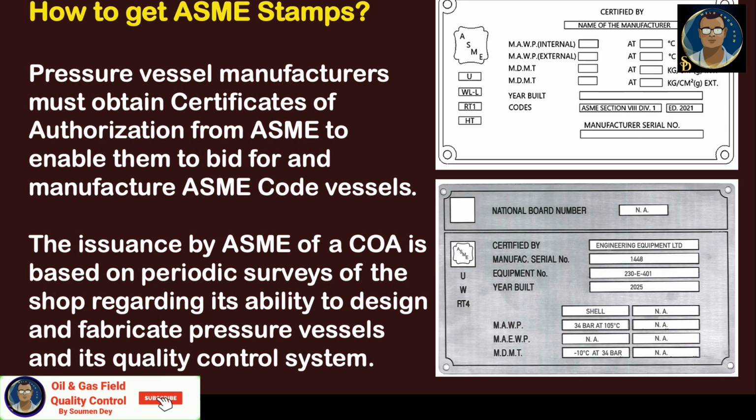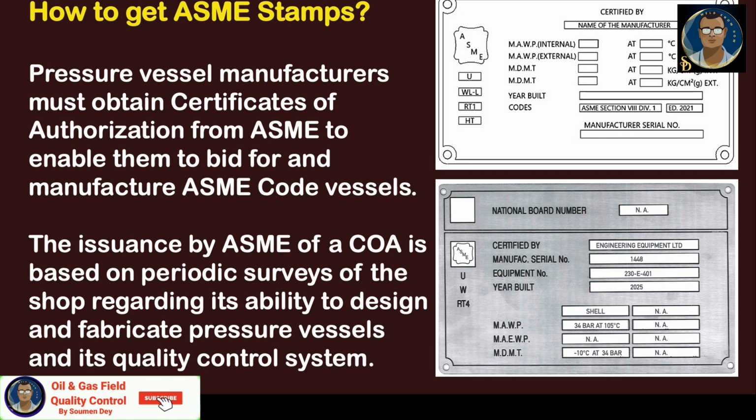How to get ASME stamps? Pressure vessel manufacturers must obtain a certificate of authorization from ASME to enable them to bid for and manufacture ASME code vessels. You cannot manufacture any code vessels and you cannot stamp by yourself until you have proper approval from ASME.